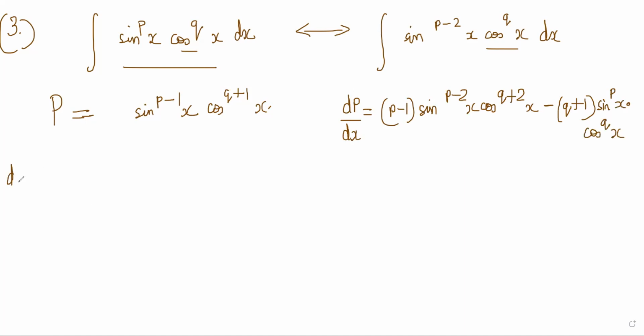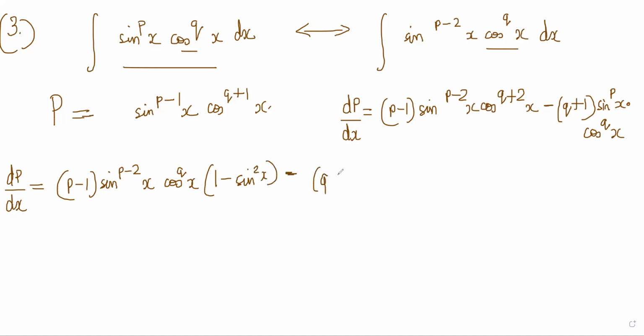So this simplifies as dp by dx is equal to (p minus 1) sine power (p minus 2)x cos power qx, and cos square x is left, which we can write as 1 minus sine square x, minus (q plus 1) multiplied by sine power px cos power qx.